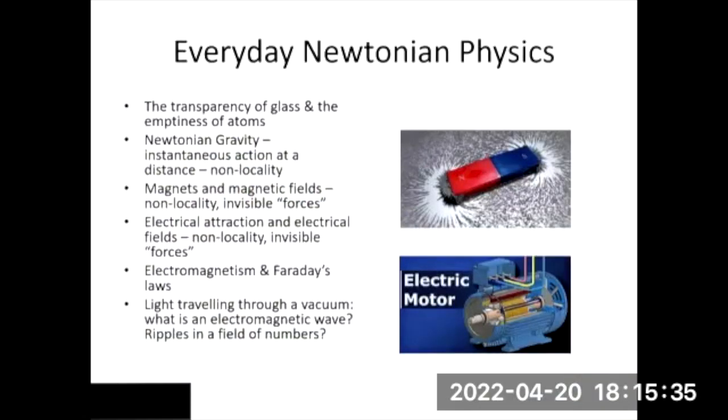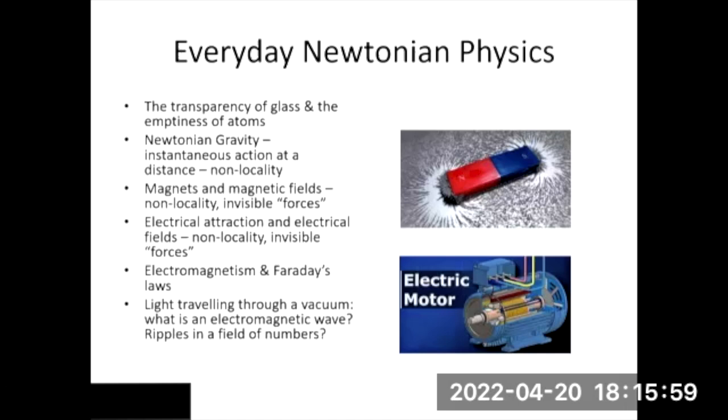In everyday physics, we don't have to go to quantum physics to start to get worried about our concept of the physical. We've talked about the transparency of glass. What about gravity? Newton was very troubled by gravity because it had instantaneous action over a distance. Einstein explained it by the bending of space by mass, but it's still a bit of a problem.